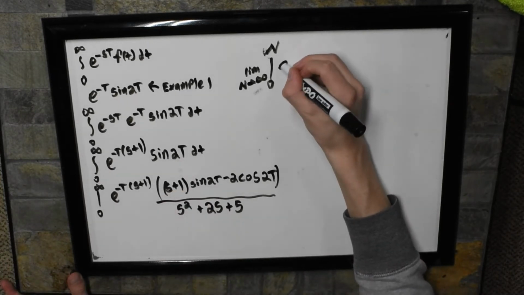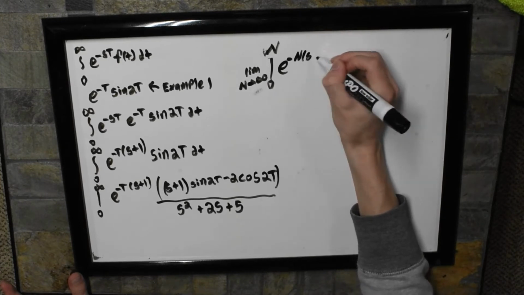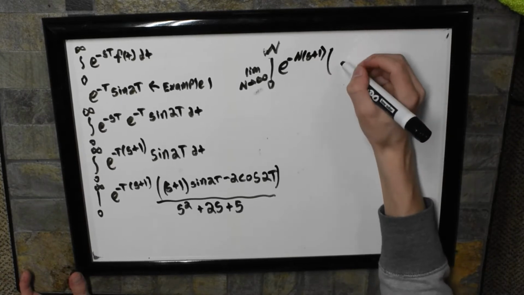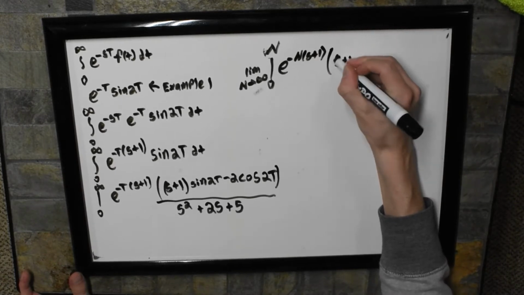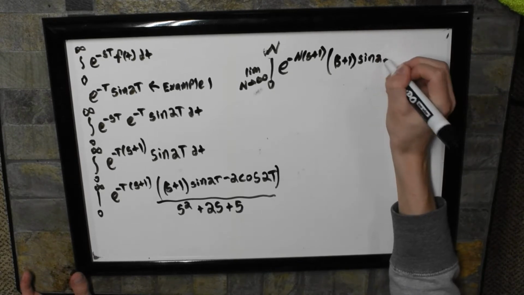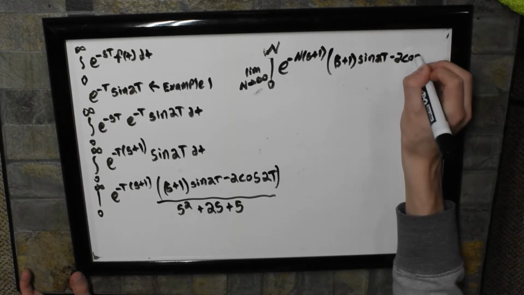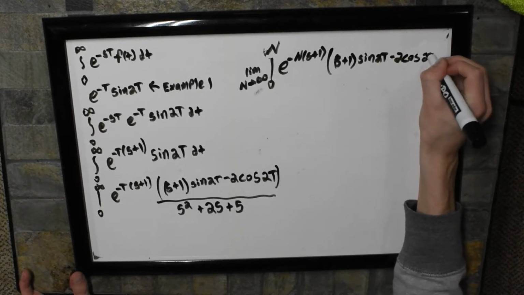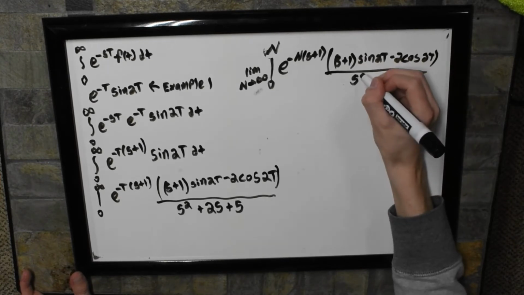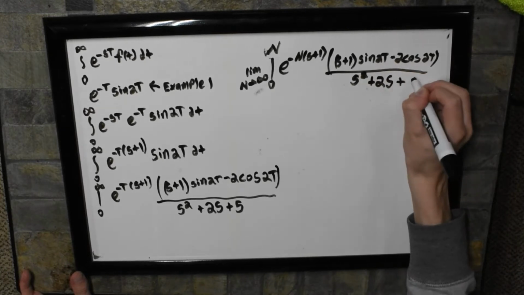So we get e to the negative n times s plus 1 times s plus 1 sine 2t minus 2 cosine 2t over s squared plus 2s plus 5.